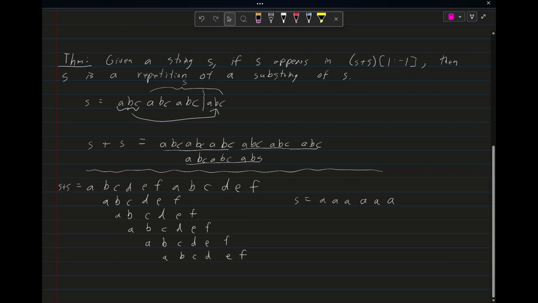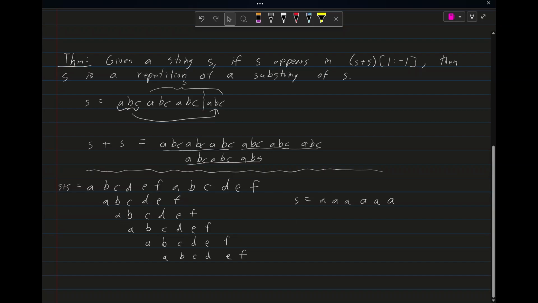Now, what about this case? In this case, we have A equals C, and C equals E, and E equals A. And that's it. So that's sort of like a cycle. And then we have B equals D, D equals F, F equals B. So that's also a cycle. So AB equals CD, CD equals EF, EF equals AB.